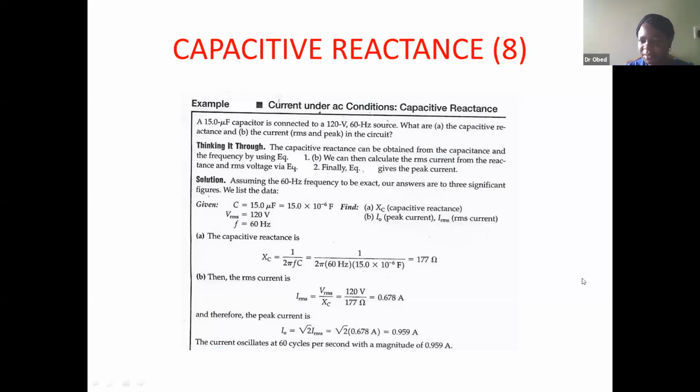Next class, we'll be discussing inductive reactance, looking at the behavior of inductors in AC circuits. We are going to be calculating the effect of inductors on AC current. If you have comments or questions, you can send them as messages.